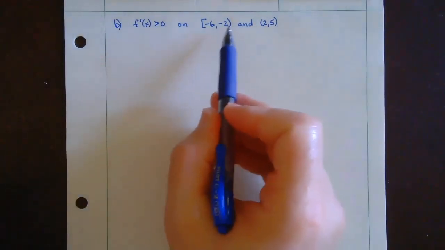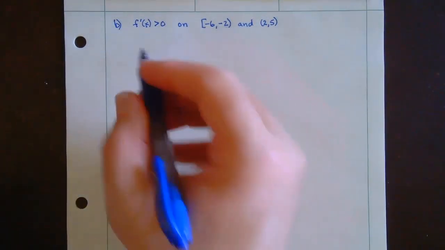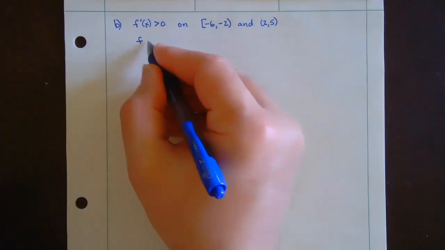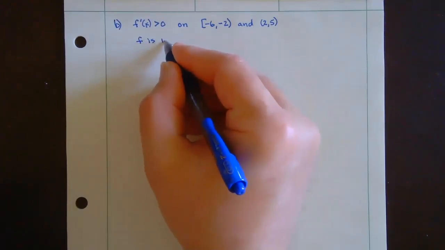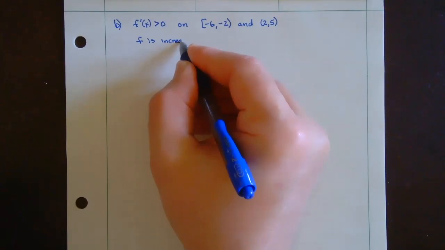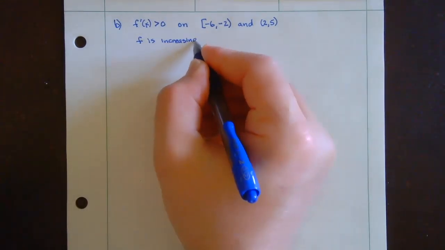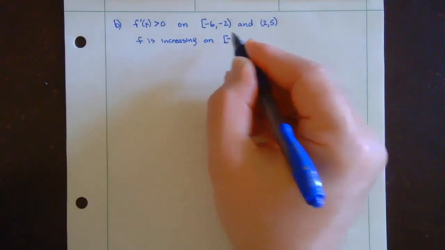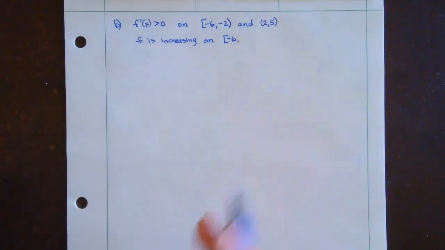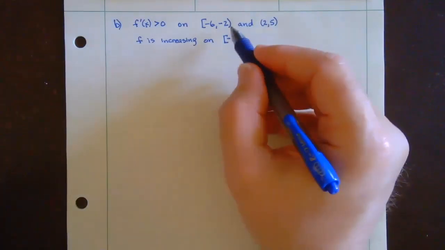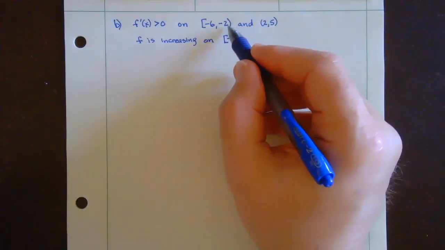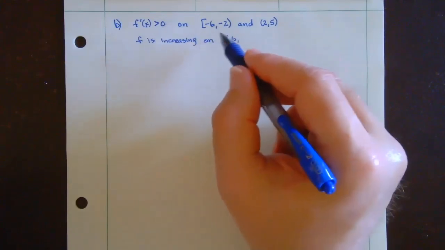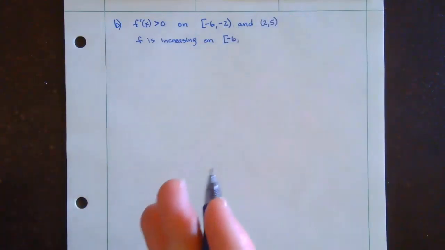Now, because it's positive on these intervals, f is increasing on, so bracket, it's going to be increasing at -6. And it's going to stop increasing at -2. Now at -2, the derivative is 0, I know, but we can include it there.